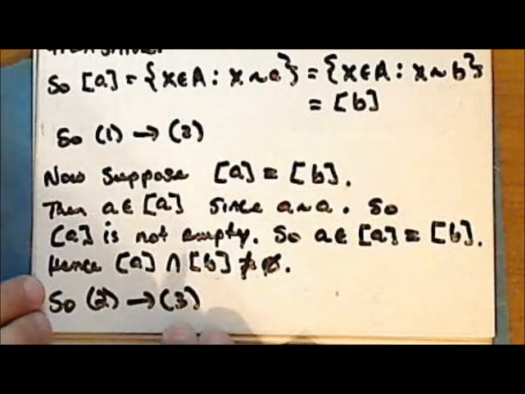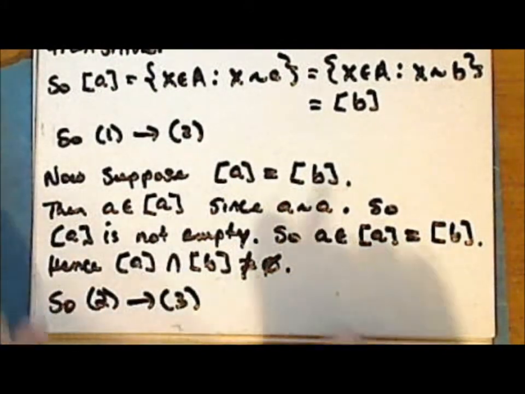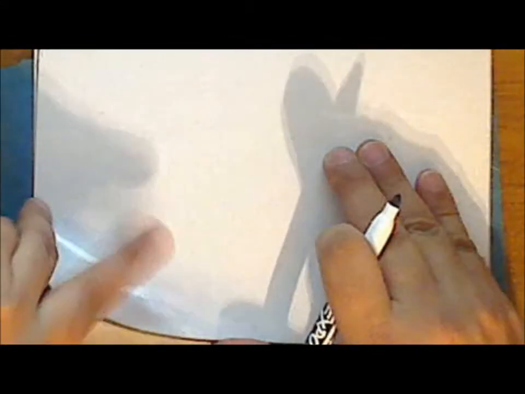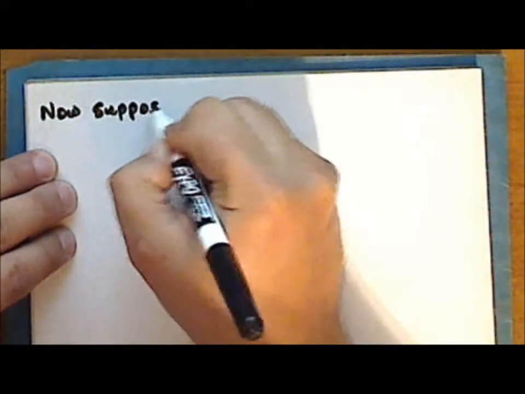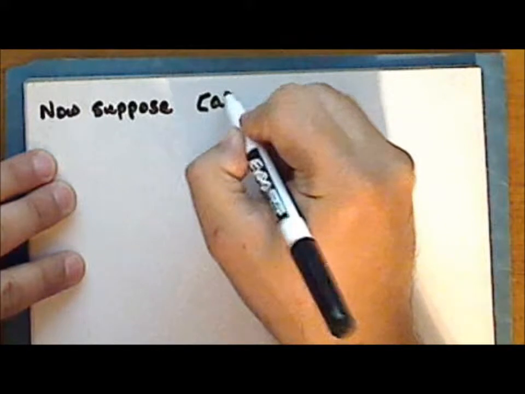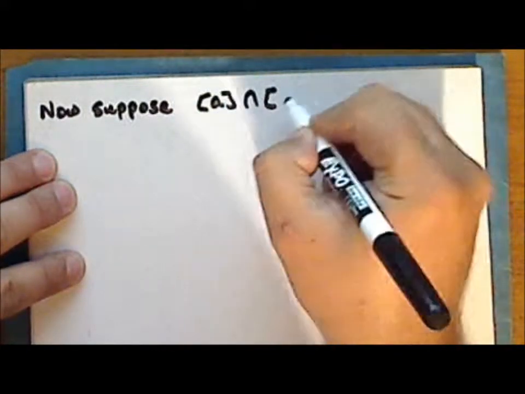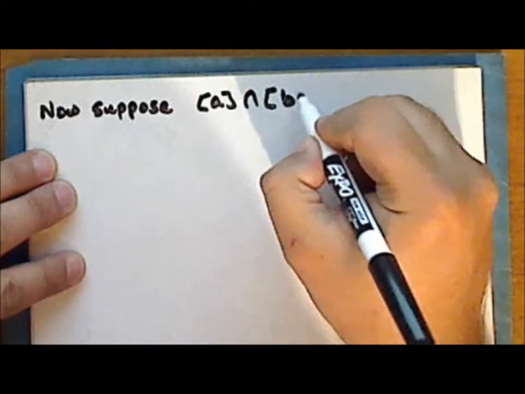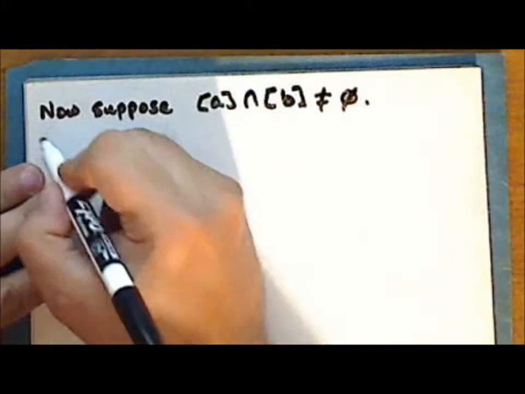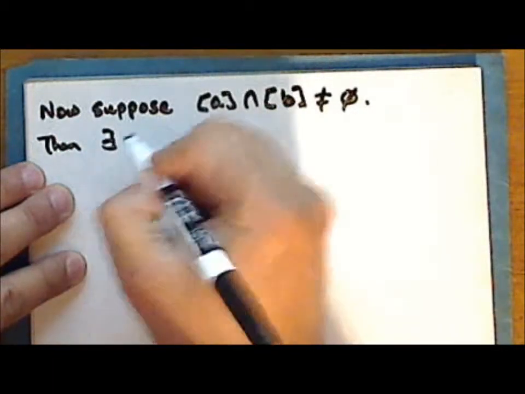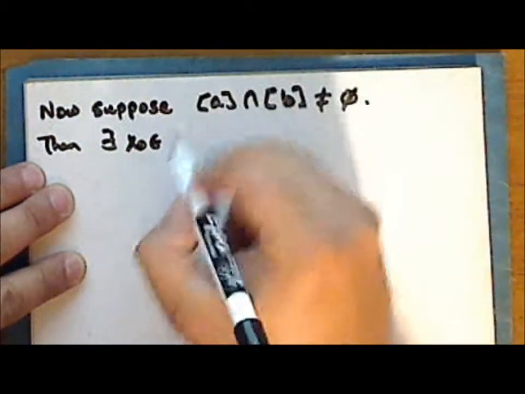So we'll complete the chain and show that the third implies the first. Suppose that the intersection of the equivalence class containing the element a with the equivalence class containing the element b is not empty. Then there exists some element x naught in this intersection.